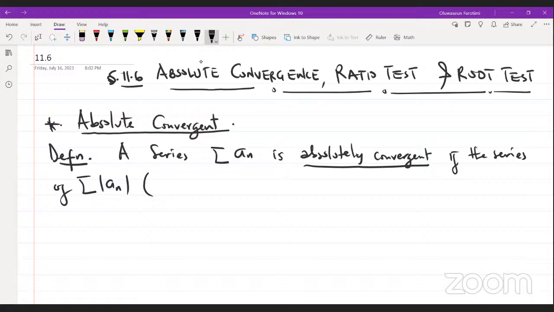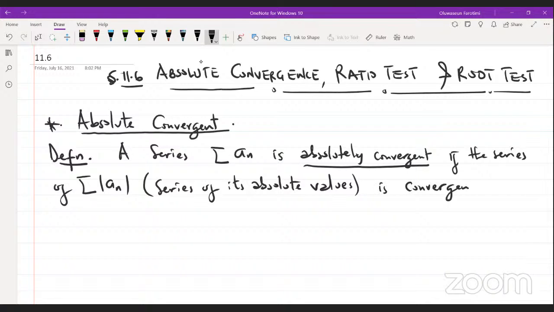So let me put a parenthesis, say series of its absolute value, is convergent. All right, so a series is absolutely convergent if the series of its absolute value is convergent, just from the name absolute convergence, okay?